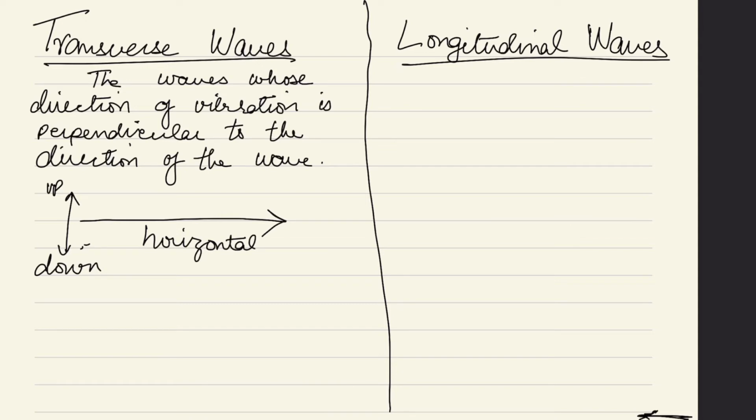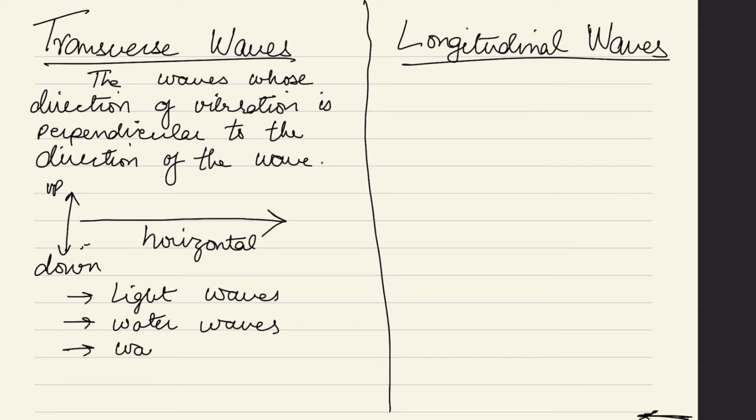For example, all types of light waves are transverse waves. Second, the water waves are also transverse waves. And the waves in a string are also transverse waves, right? Moreover, we have the seismic waves. Seismic waves are the waves that are produced by an earthquake. There are two types of seismic waves, S waves and P waves.